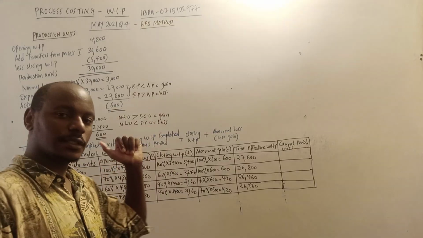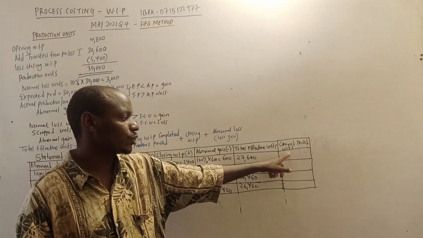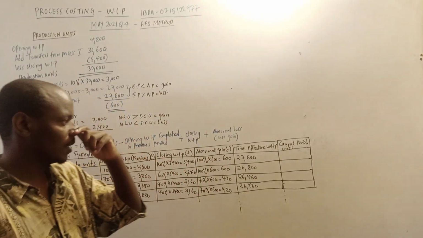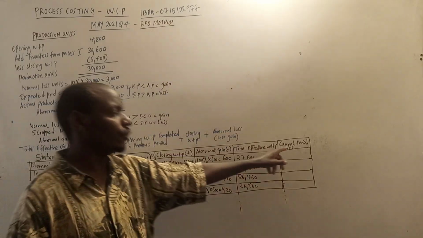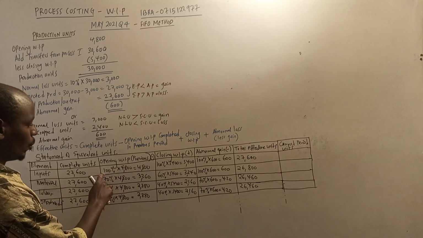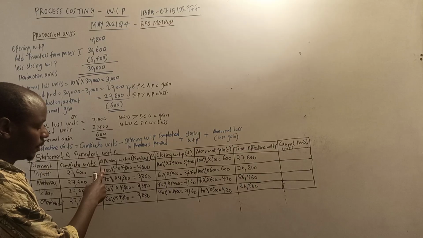In our previous illustration for average cost, this one was not in consideration. But for the FIFO method, this one must be there. Now, if in the previous period we completed 100%, how much did we remain with not completed?